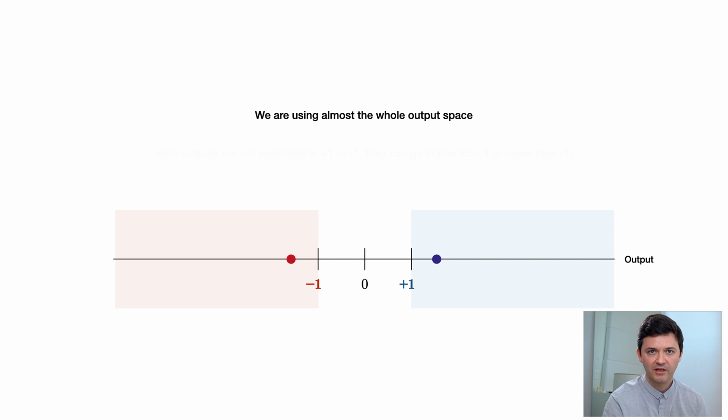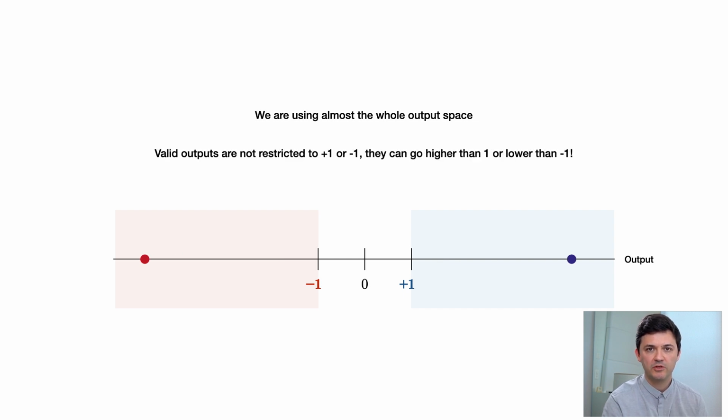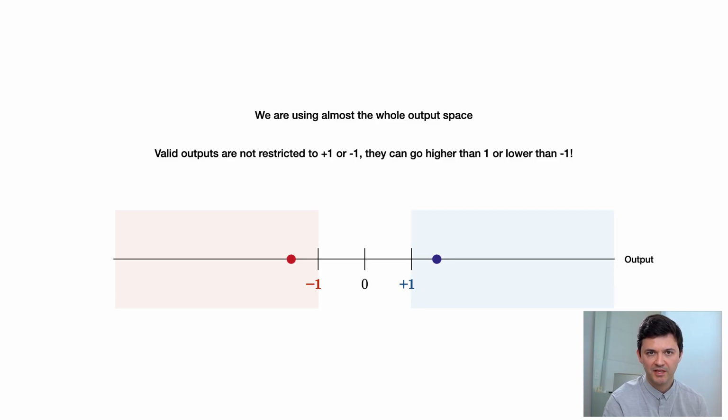Our correct solutions use almost all of the output space. So the only range that doesn't work is between -1 and +1. All of the other ranges correspond to correct solutions. So we cannot represent this case in terms of equations. If we want to represent it mathematically, we would represent it in terms of inequalities.